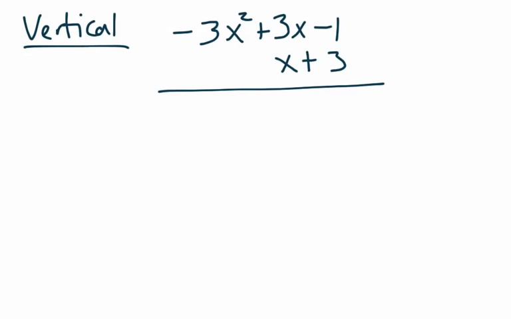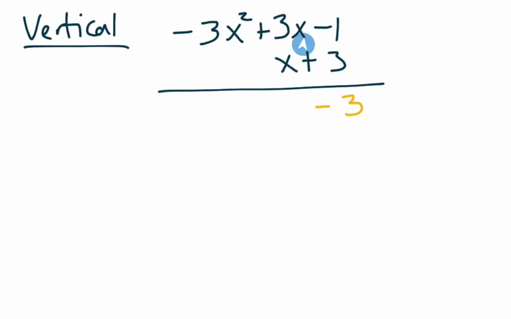So we would start this out by taking the positive 3, and we're going to multiply it by everything above it, just like you would in that multiplication problem I had off to the side, where you would multiply the 4, and then you multiply along the diagonals. So the negative 1 times 3 is negative 3.